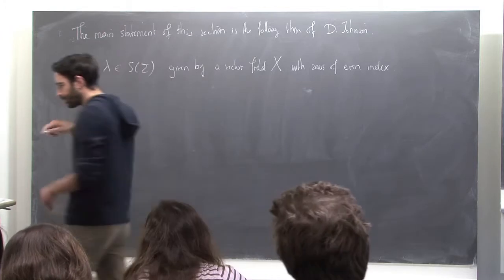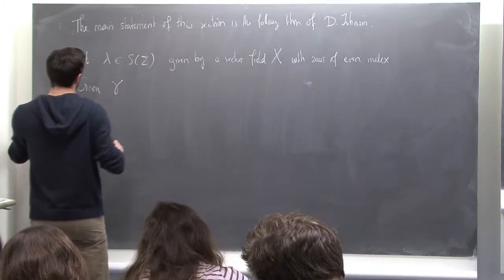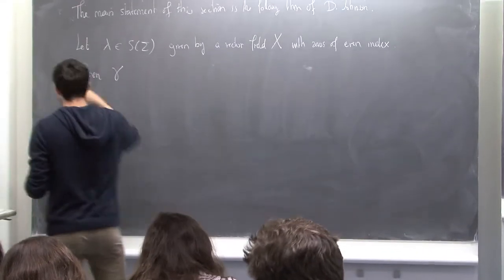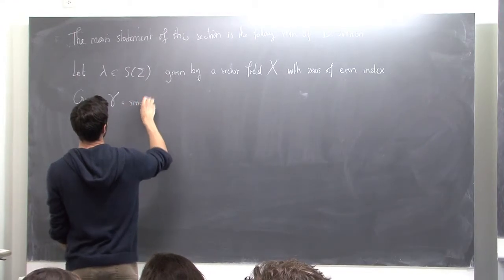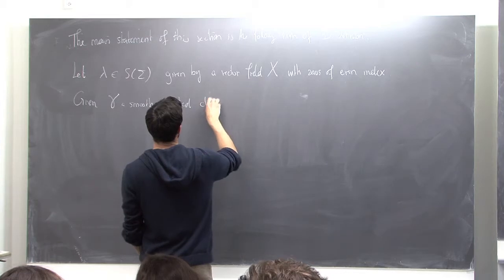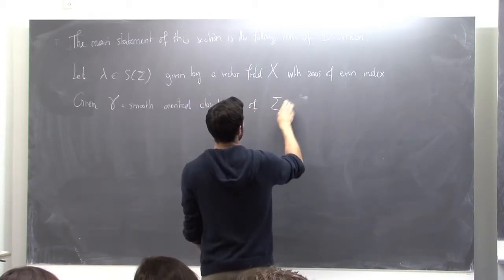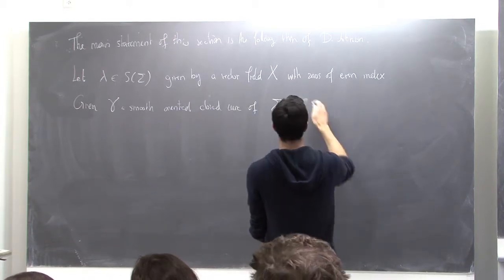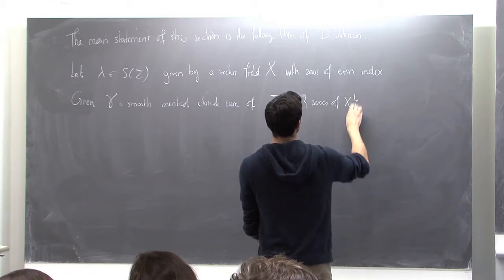Okay. Now we fix a smooth, oriented, closed curve on sigma, and we don't want it to pass through the zeros of x.